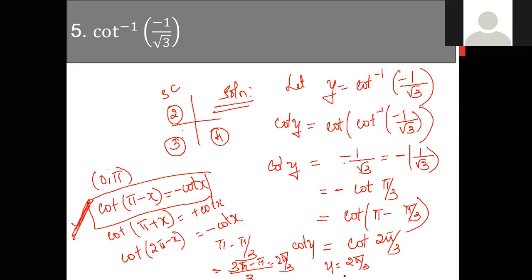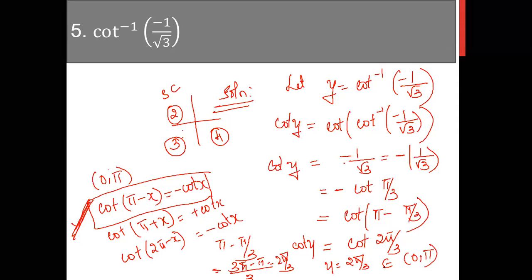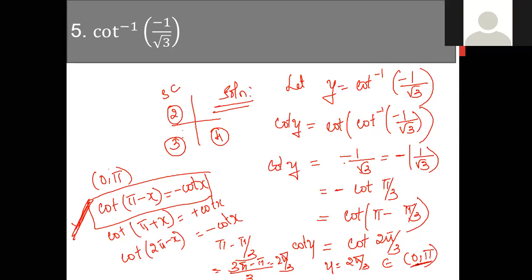Again, check whether this belongs to the principal value branch. Principal value branch is 0, pi. 2 pi by 3 is 2 into 60 degree, that is 120 degree. So 120 degree lies in this interval. So your answer should be 2 pi by 3. Did you understand this?